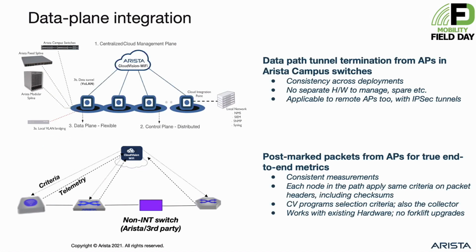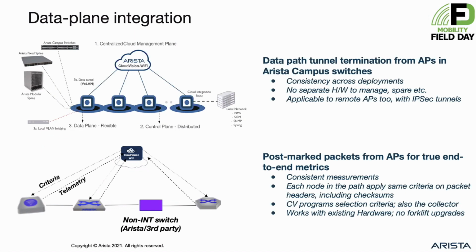The second point that I want to call out here is this integration with the in-band network telemetry model, where we are able to generate postcard packets all the way from our access point. And it is not hardware dependent again. What I mean by that is if there are other switches, whether it's Arista or third-party switches, which are not capable of INT, we are still able to control and generate enough telemetry. And this actually gives a runtime telemetry with nanosecond timestamps.